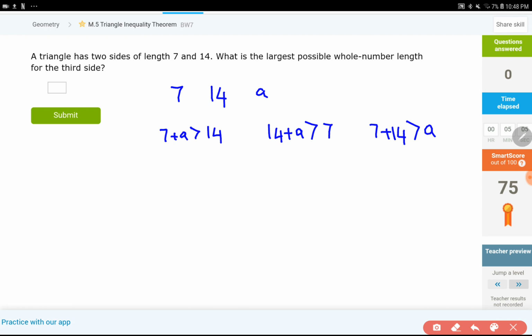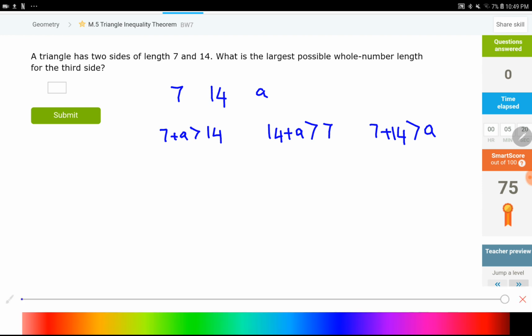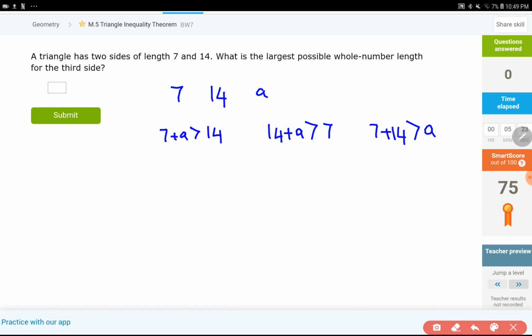So I picked the sides two at a time, and said the sum is greater than the third side for each of these inequalities. I'm looking for the largest value for a, and that is going to come out of this last inequality, because what it says is 21 is greater than a.